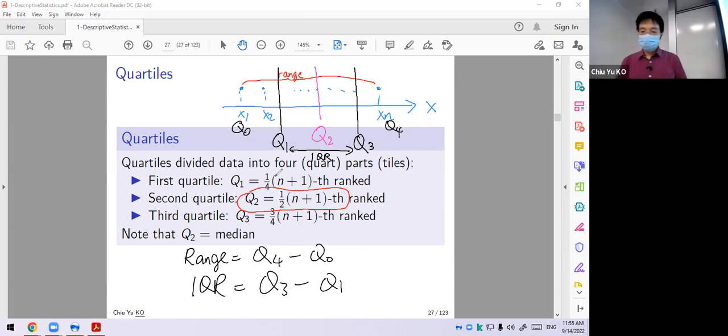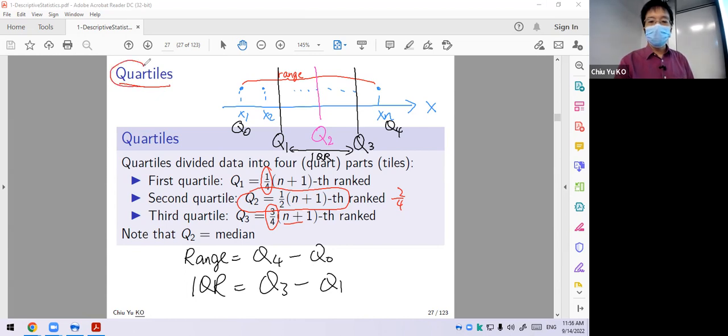So you can easily see that Q1 will be a quarter of n+1, because the half is actually 2/4, and Q3 will be 3/4 of n+1. So basically you cut it into the first quarter, second quarter, and the third quarter. And that explains why you call them quartiles.